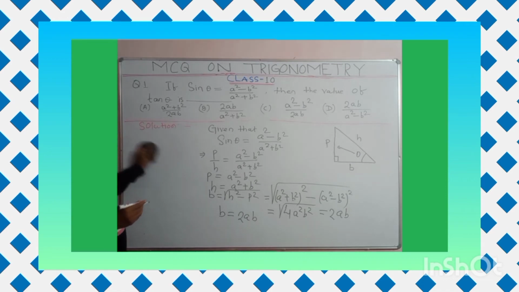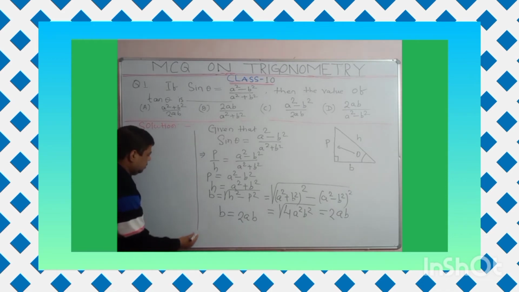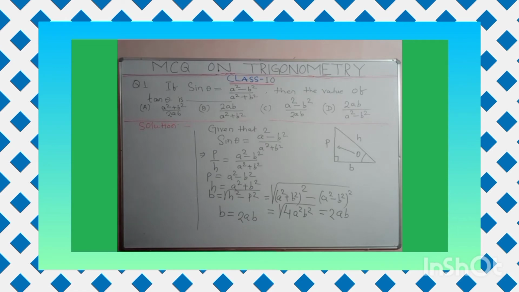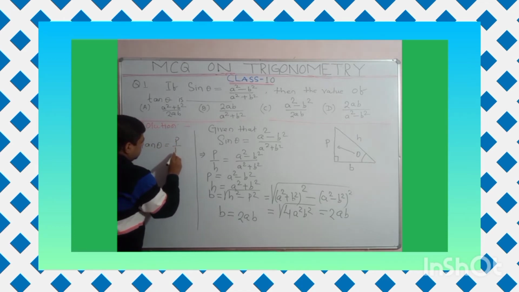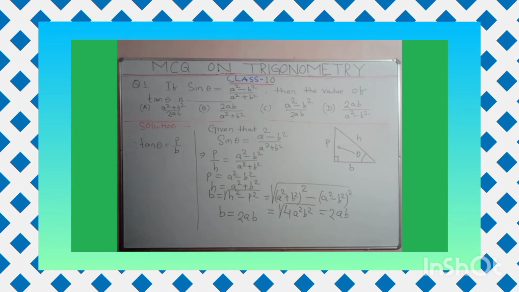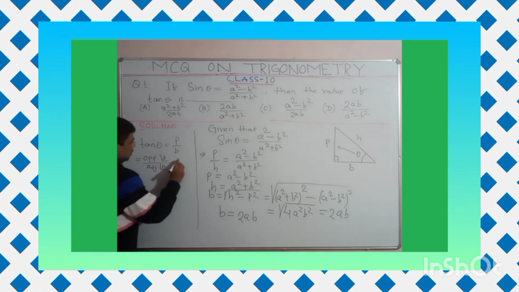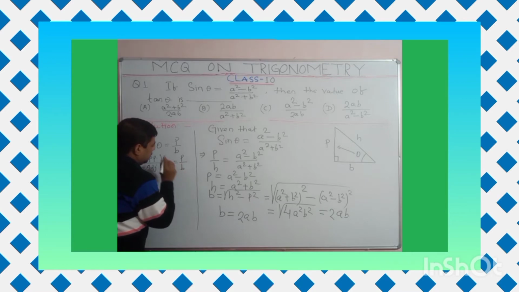Now you can find out the trigonometric ratio, the value of tan theta. Hence tan theta can be written as perpendicular by base, P by B. P by B means the opposite side to the acute angle theta divided by the adjacent side to the acute angle theta, which is known as the perpendicular by base.